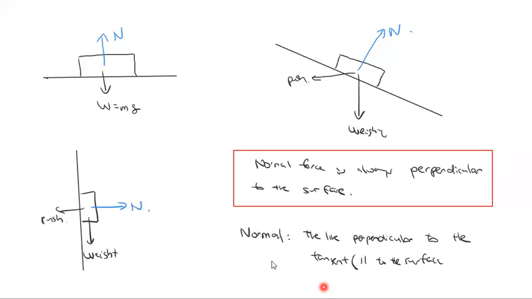So the tangent is parallel to the surface, and the normal is just 90 degrees to that. That's why it's called the normal force. It's the normal force because it's in the normal direction. So you may have come across this when you did waves and refraction and so forth. You need to draw a normal line. That normal line is perpendicular, right?